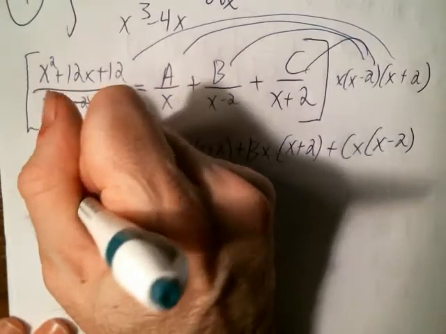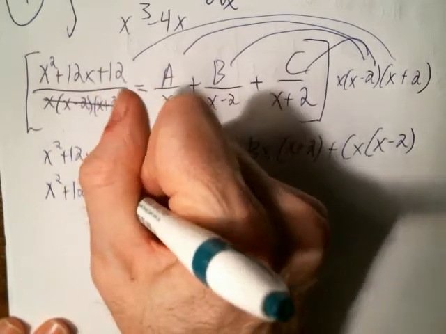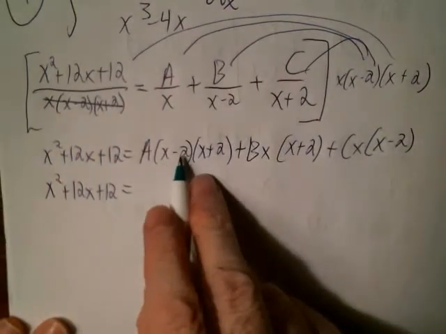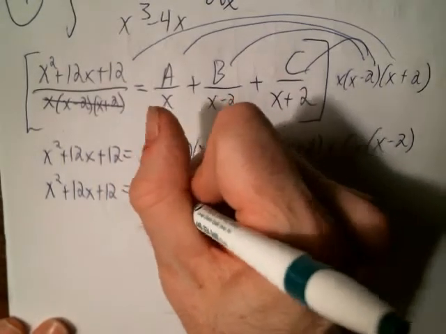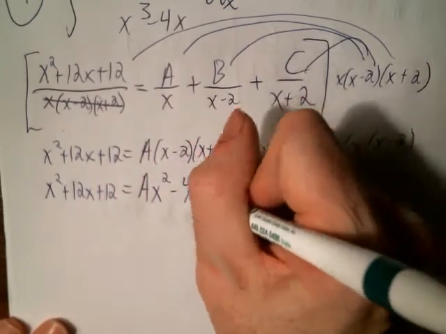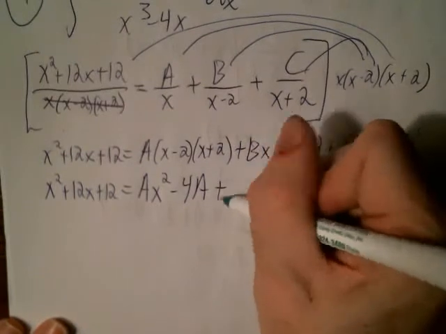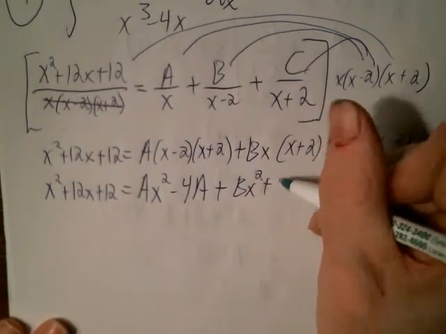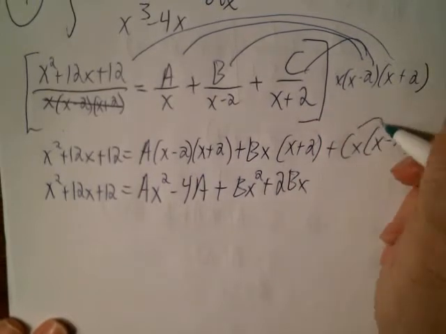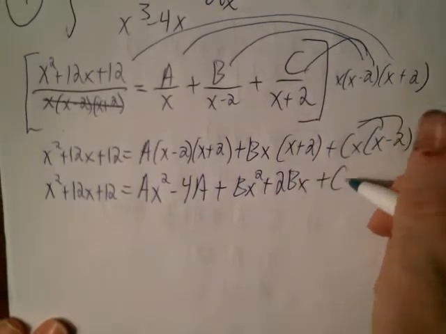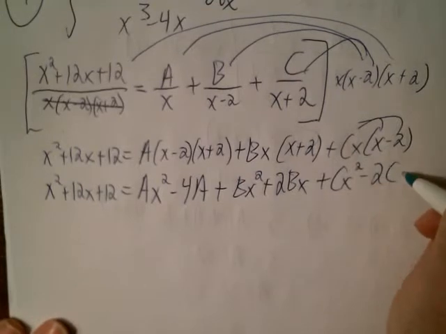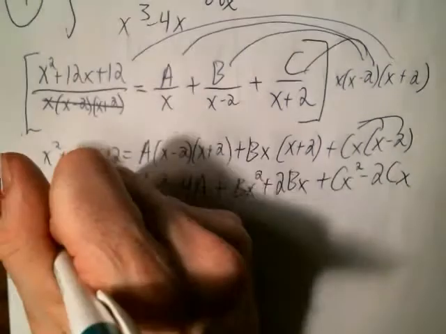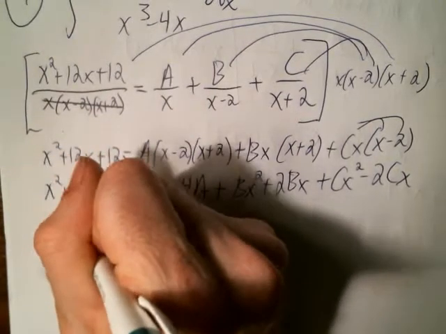So x squared plus 12x plus 12 equals, x minus 2 times x plus 2 is x squared minus 4, so I'll end up with Ax squared minus 4A plus, distributing this, Bx squared plus 2Bx, and then distributing this, plus Cx squared minus 2Cx. You want to collect like terms together and start equating coefficients.